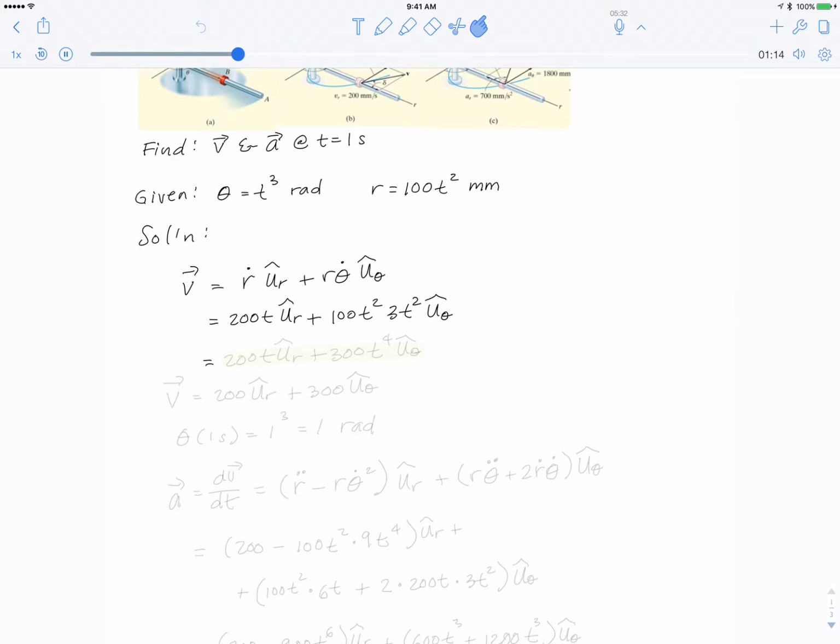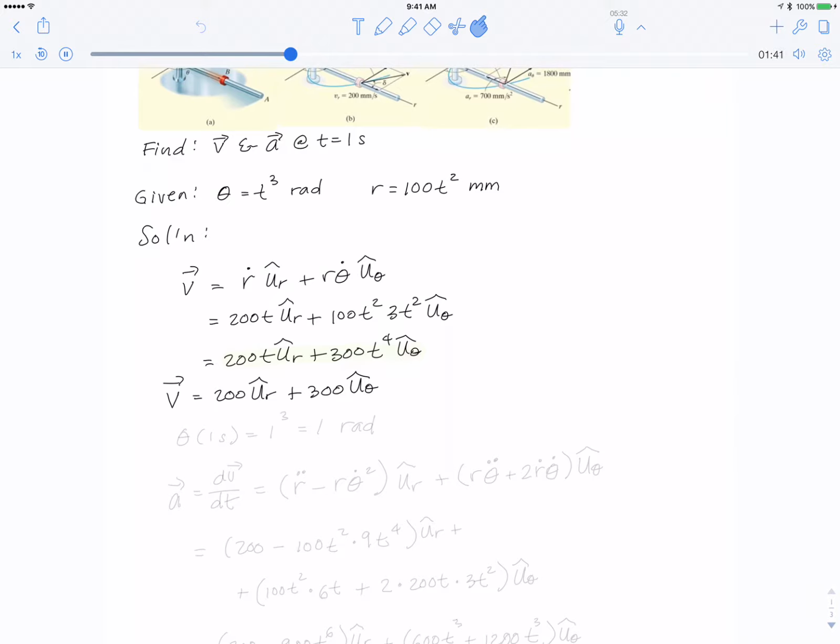Okay, so that equals 200t in the r direction and 300t to the fourth in the theta direction. We need to evaluate this at t equals 1 second, which is convenient. So that's just going to be 200 in the radial direction and 300 in the transverse direction.